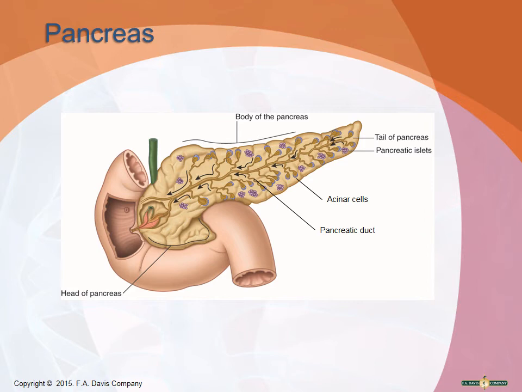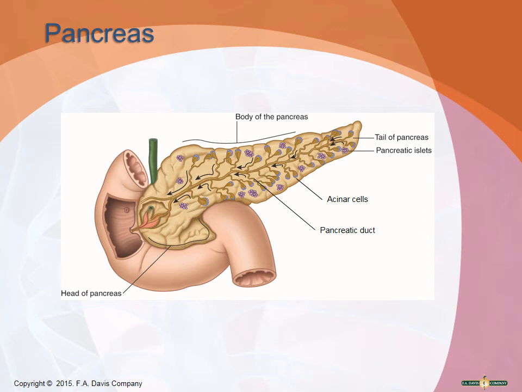The cells of the pancreas that secrete the enzymes are the acinar cells. Remember, we have the beta cells and the alpha cells, and then we have the acinar cells, which produce the digestive enzymes.